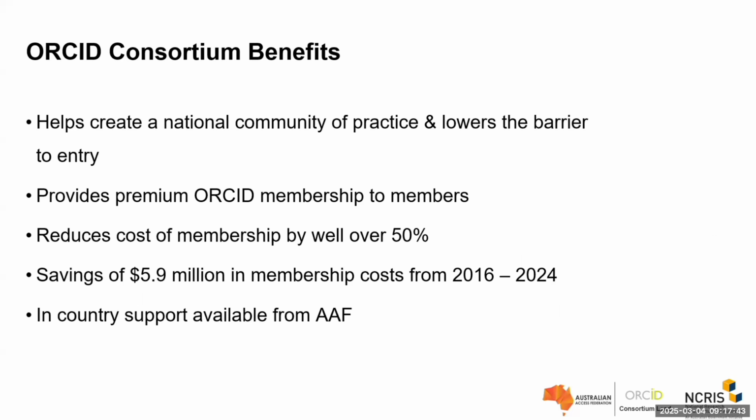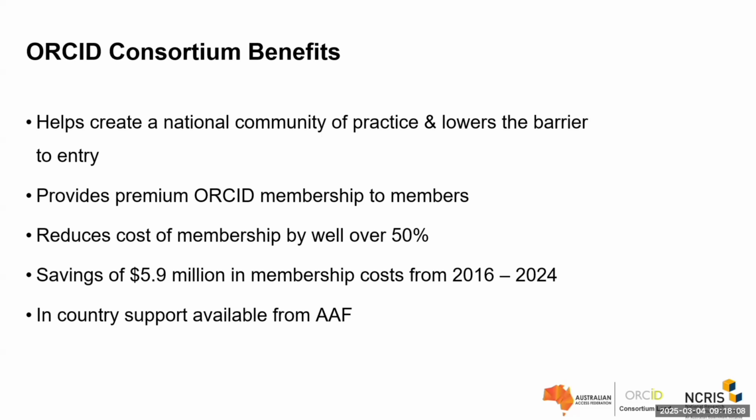So what are the benefits of having a consortium in your country? It helps to create a national community of practice, where everyone can come together, participate and contribute. It also provides premium membership to the ORCID members.